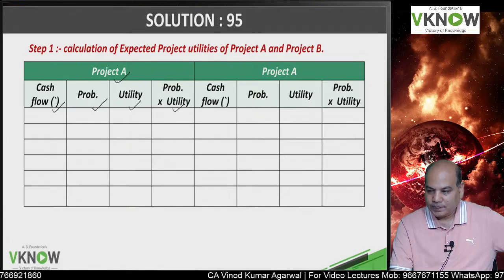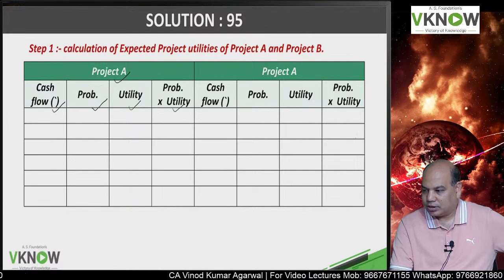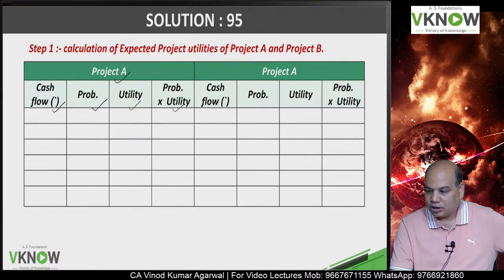Then project B: cash flow, probability, utility, probability into utility.